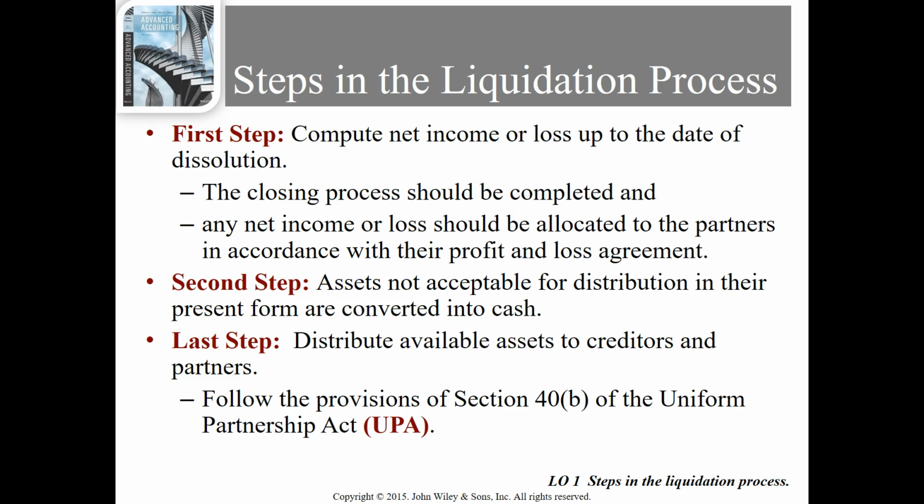The second step, those assets not acceptable for distribution in their present form are converted into cash. The last step is to distribute the assets to creditors and partners. And we follow generally the provisions of Section 40B of the Uniform Partnership Act.